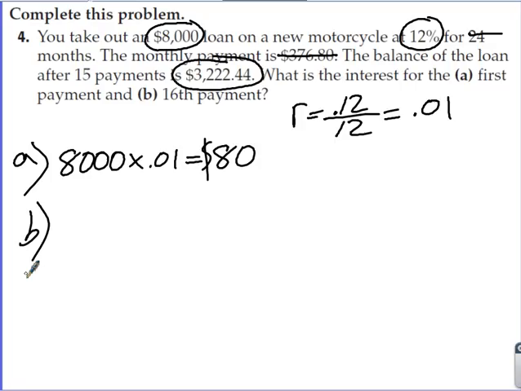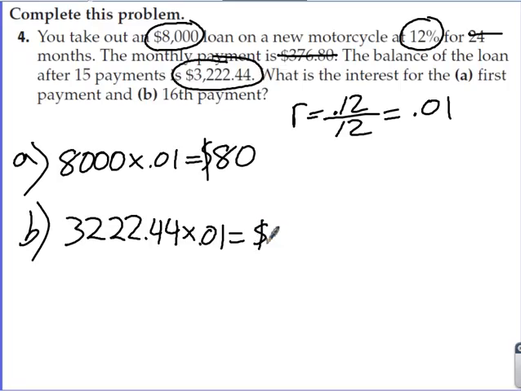Well, at the end of the 15th payment, we owed $3,222.44 times 0.01. That answer is $32.22.